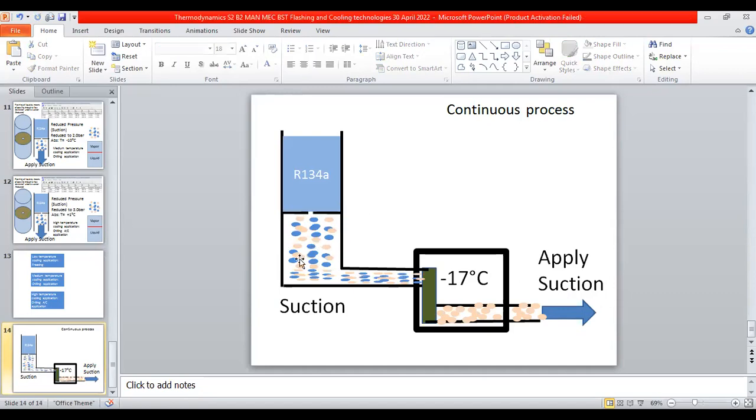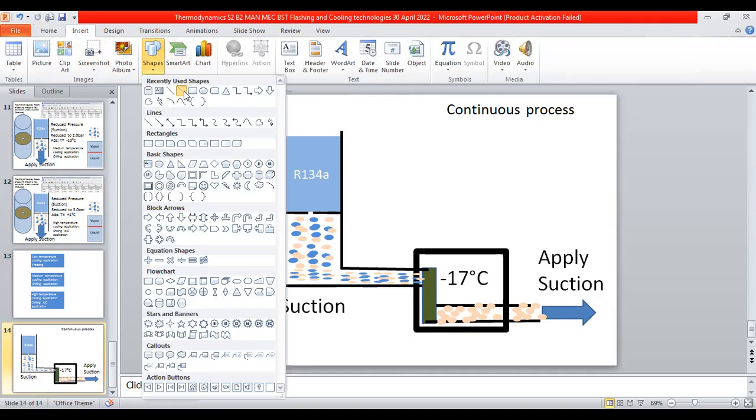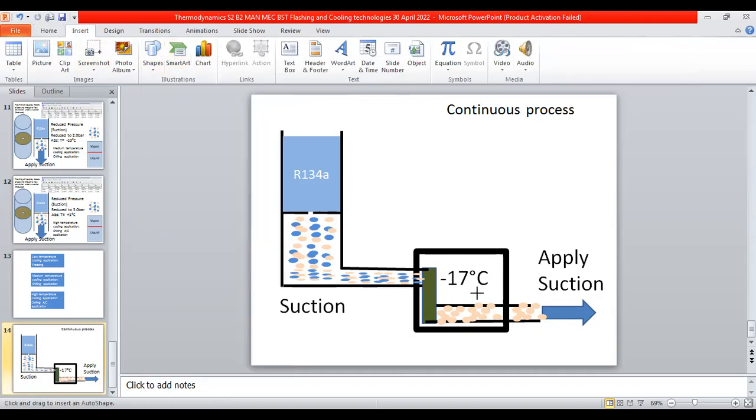Okay, so this is the way. Gas means it has already received heat. So whatever liquid passing here turns into gas. So heat will transfer.